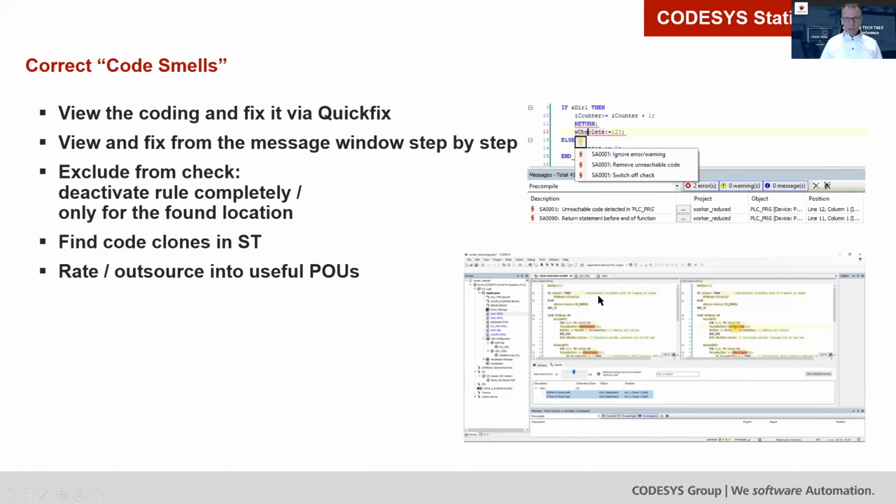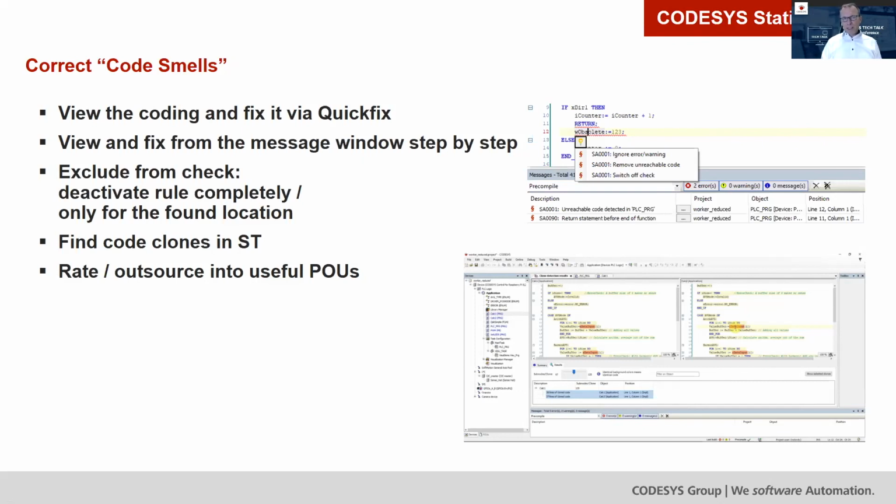So as a conclusion to CODESYS static analysis, I'm sure that everybody that programs has such code smells. In most cases, they won't bother us. Then we're happy guys and we don't need to care for them. In some cases, they will bother us. So it might be a good idea to start to check for code clones and to train yourself to avoid them.